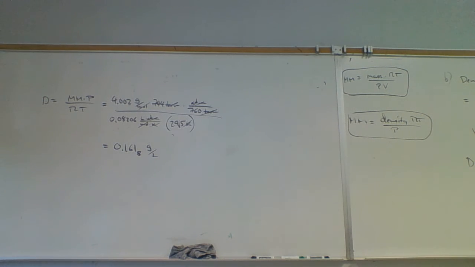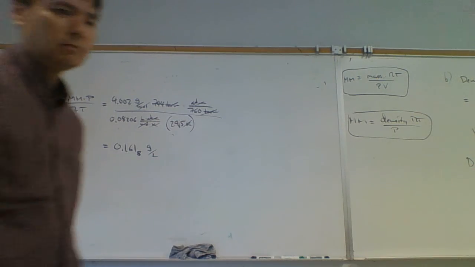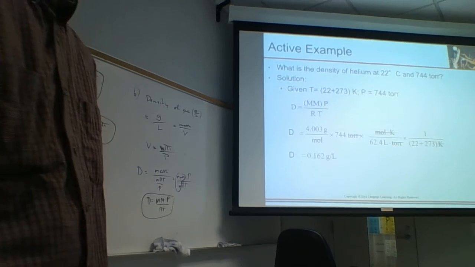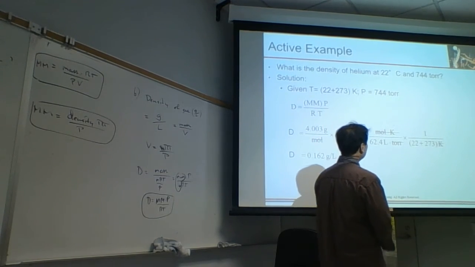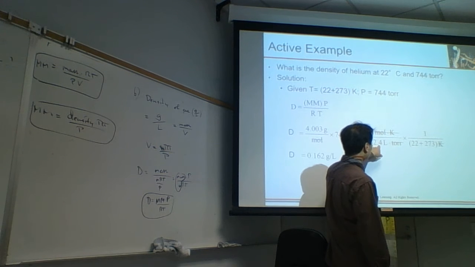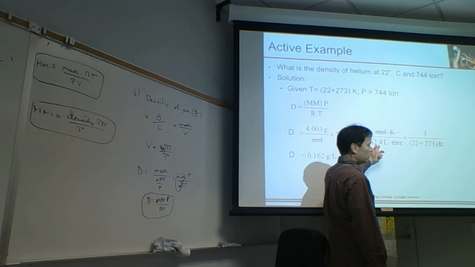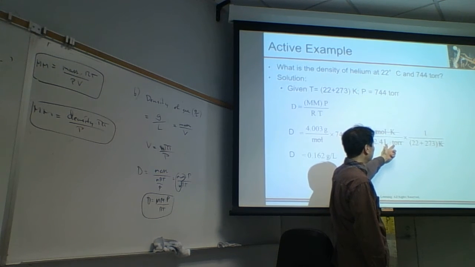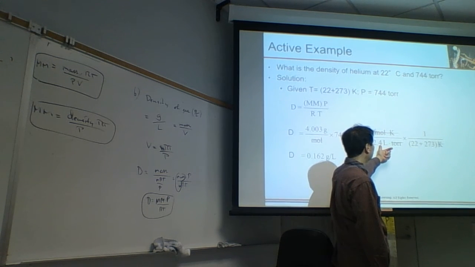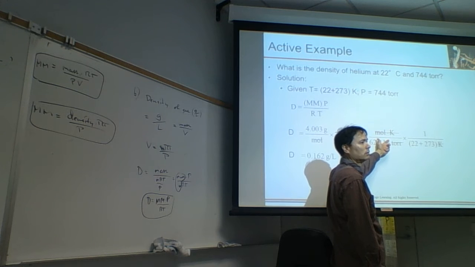Now, the book is, I think, crazy because the book wants you to memorize a lot of different R's. For example, they want you to memorize R with the units of torr. R is 62.4 liters times torr divided by mole Kelvin.